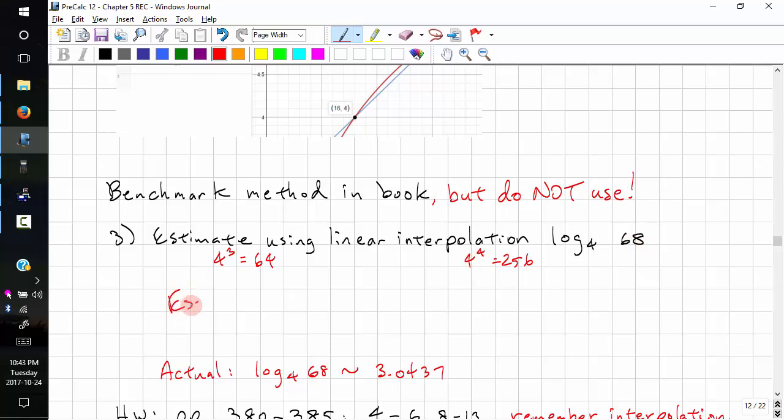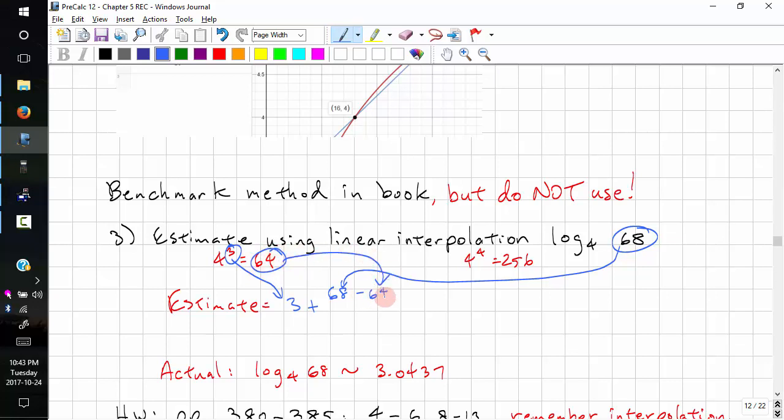So the estimate equals, we take the exponent 3 plus, in the numerator we're taking the 68 minus the 64, and we have our 256 minus the 64 again.